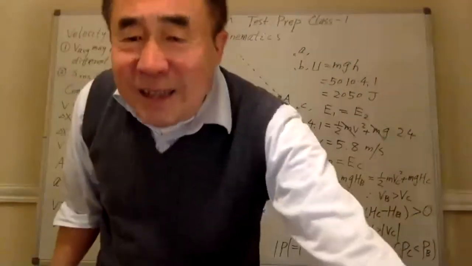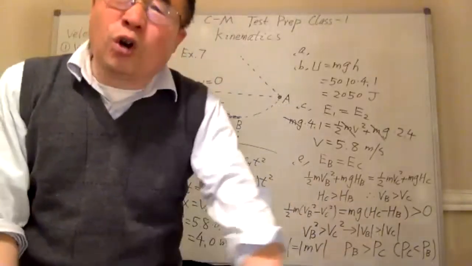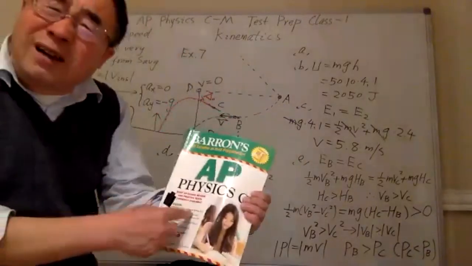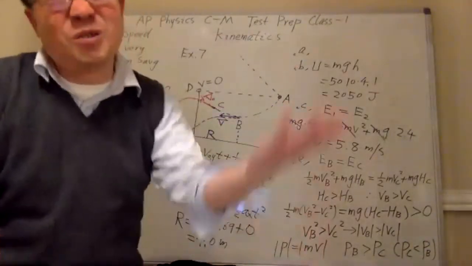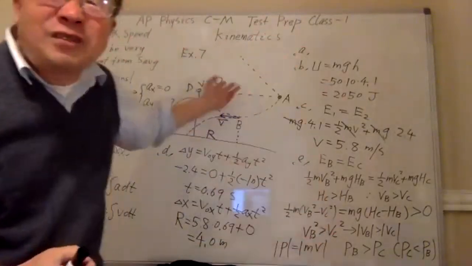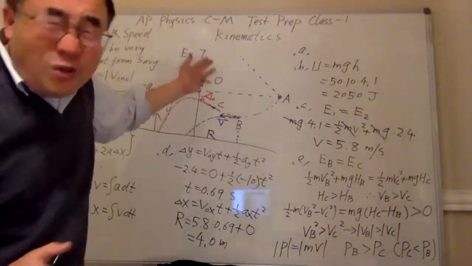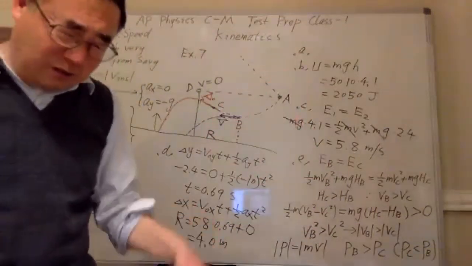Okay everybody, I think that is what I want to talk about today. What I recommend is try your best and start doing the homework. Even though this chapter looks easy, we don't have many real AP physics test questions to present, because they don't test your kinematics purely. They always combine it with other things.